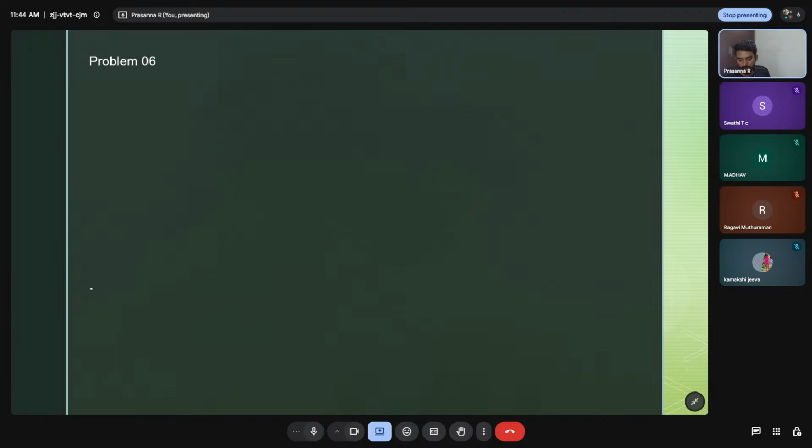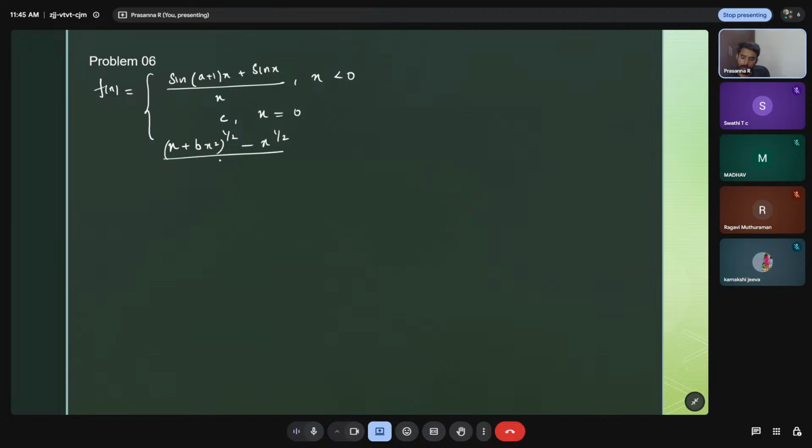Problem number 6. f(x) is equal to sin((a+1)x) + sin x divided by x when x is less than 0, it takes the value c when x is equal to 0, and it is (√(x + bx²) − √x) divided by b times x^(3/2) when x is greater than 0.